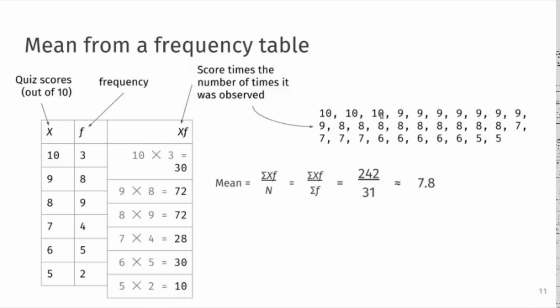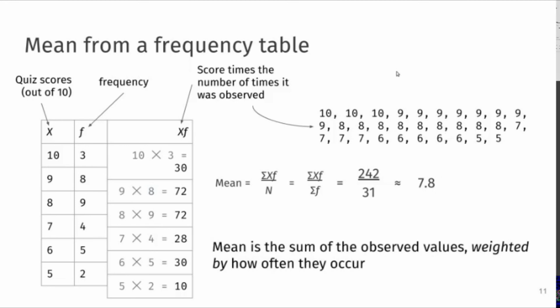So 10 plus 10 plus 10 plus 9 plus 9 plus 9, etc. And either way, that gives us a total of quiz scores being 242. And then we had 31 quiz scores, so the sum of the frequency column, which is the total number of observations, is 31. Divide 242 by 31, and we get about 7.8.